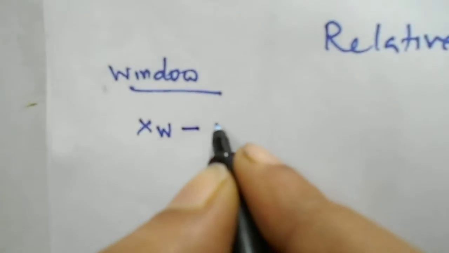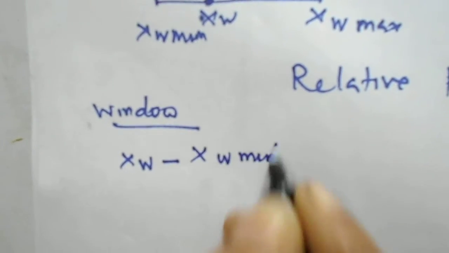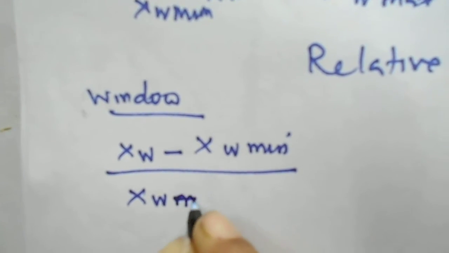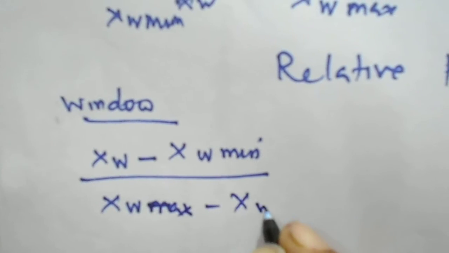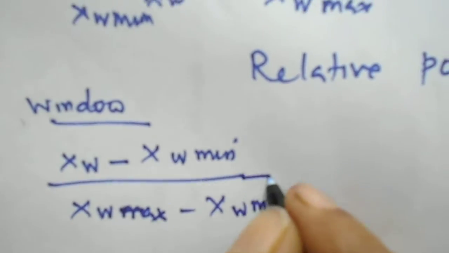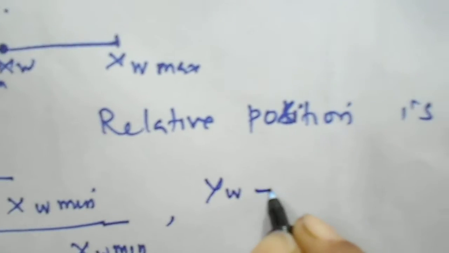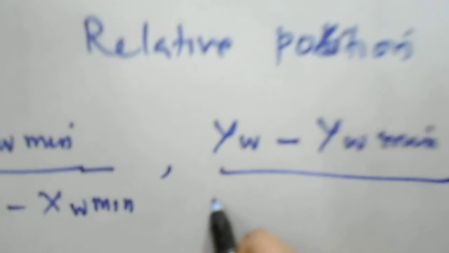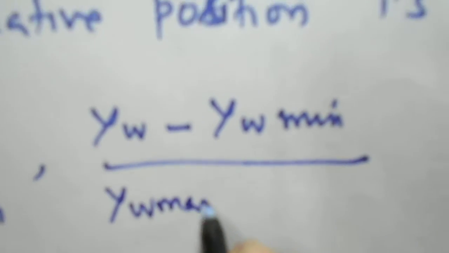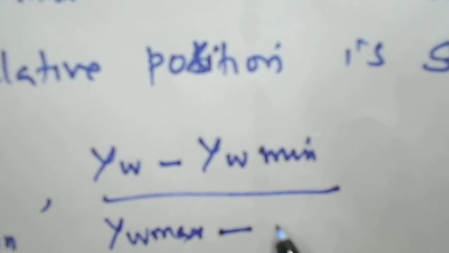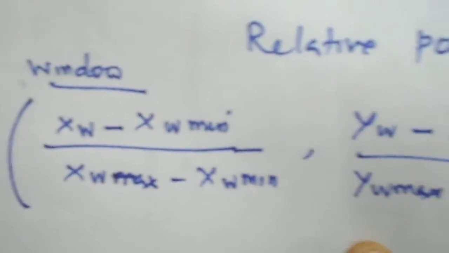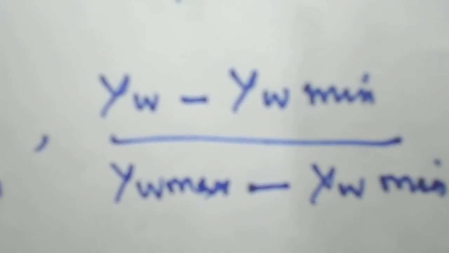With the help of this formula: xw minus xw minimum divided by xw maximum minus xw minimum, comma yw minus yw minimum divided by yw maximum minus yw minimum. This is the normalized coordinates for window.